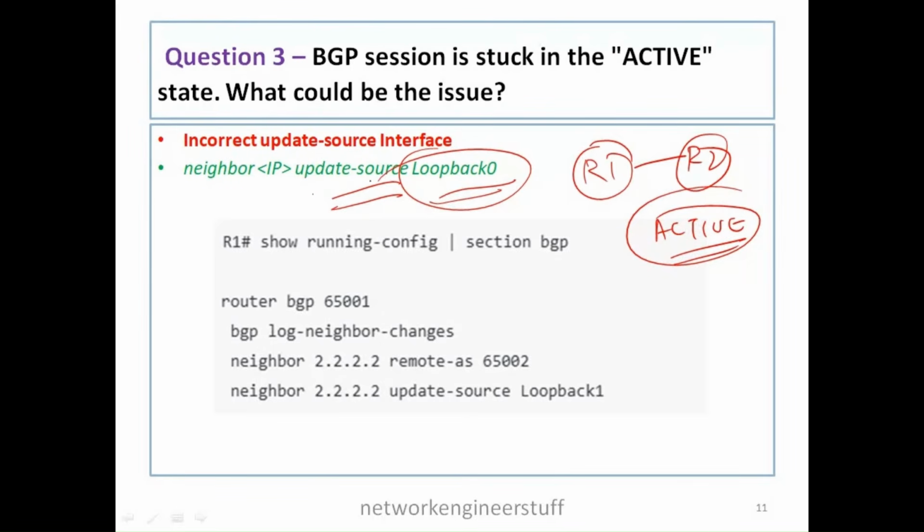So the update source command is very important. You need to configure it, and you have to check whether it is configured or not. And if it is configured, you have to check whether you have mentioned the correct interface or not. Like here I have mentioned loopback 1, which is incorrect. It should be loopback 0. So this is again one of the important points. The update source command needs to be present if you are using loopback interfaces for BGP neighbor establishment, and the interface should be correct.